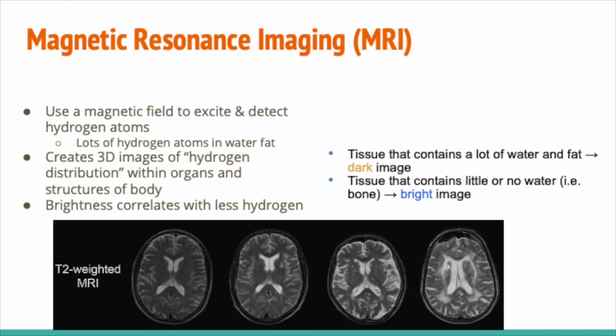On the bottom of the slide, we have some images from an MRI, and what you can see in these images is that the levels of brightness within the brain vary, and this brightness actually correlates with hydrogen. In tissue that has a lot of water and fat accumulation, you get a darker image, while tissue which contains little to no water, like bone, you get a brighter image.